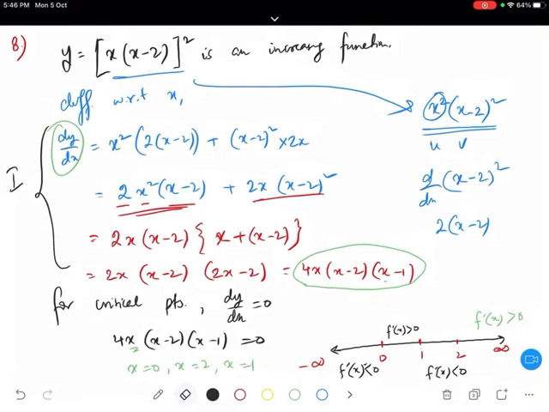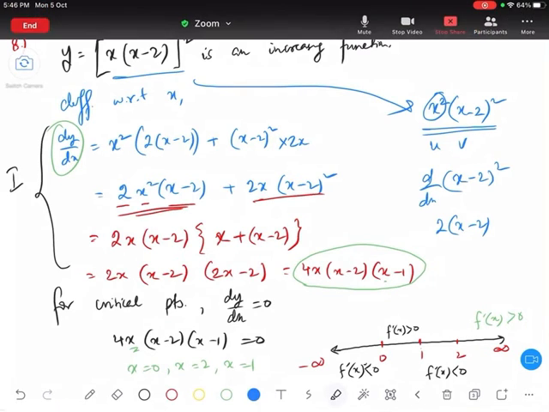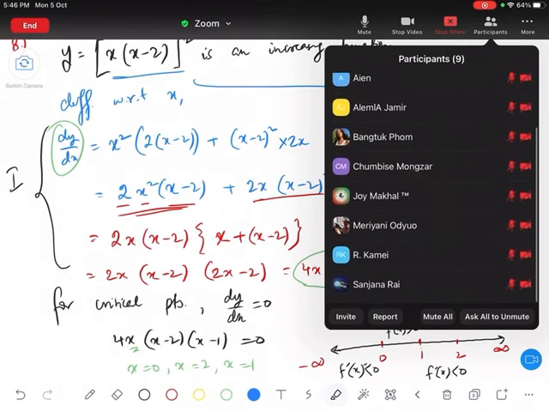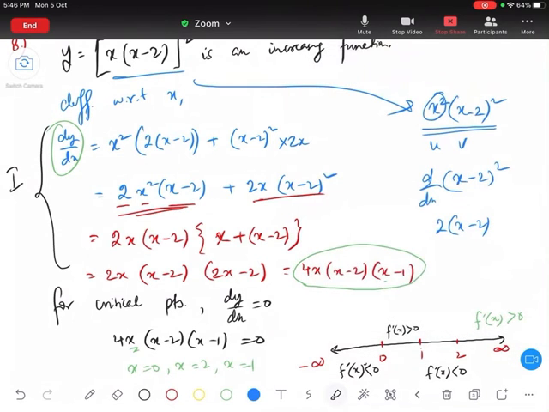Now guys, tell me the interval. Look at the diagram carefully and tell me the interval in which the function is increasing. Come on, tell me first. Tell me fast. In which interval is the function increasing?